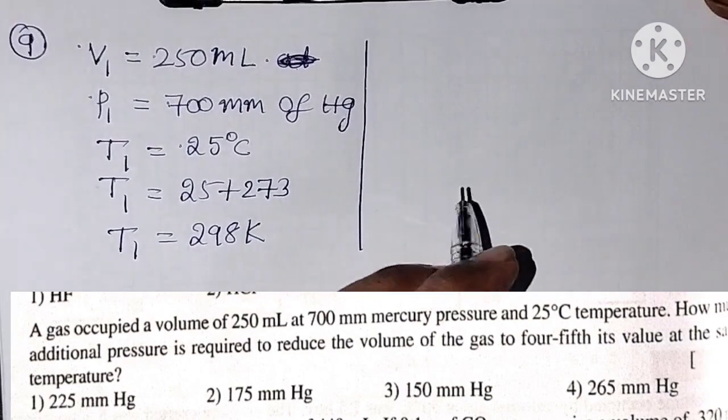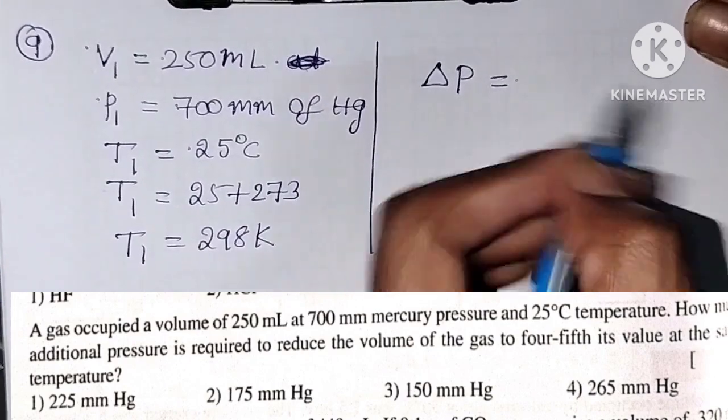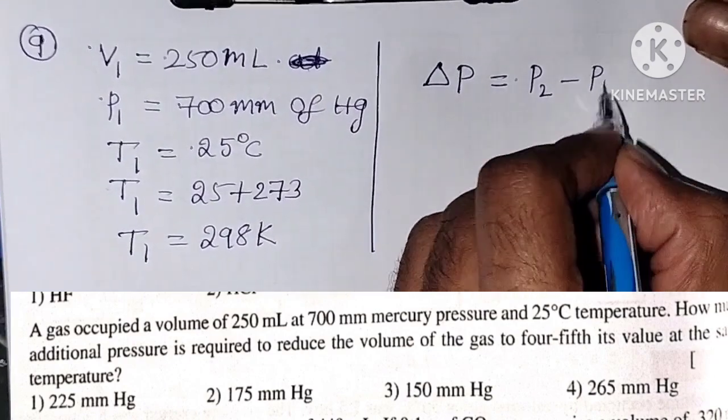How much additional pressure is required? We have to find the additional pressure, which means the change in pressure, P2 minus P1.